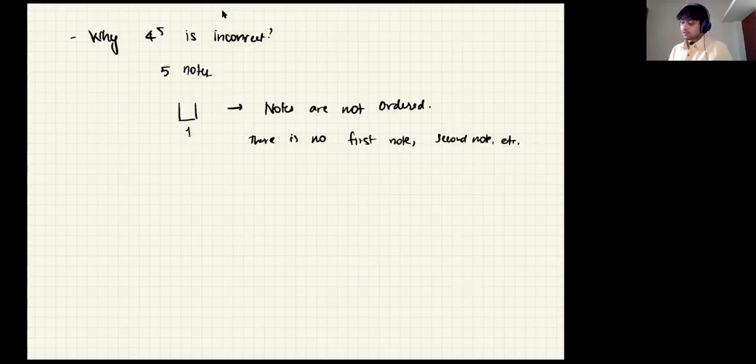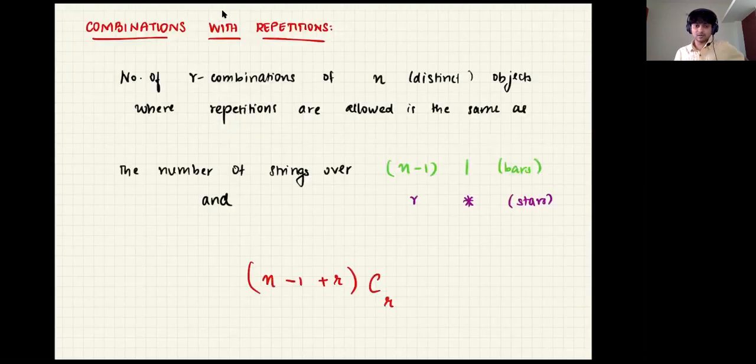Okay, so let's generalize this. Sir, it's the combination, it's not permutation. Correct. Yes, this is exactly where I'm coming now. The n power r was for r permutations with repetitions. So now we are looking at r combinations.